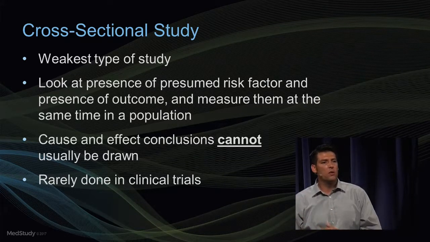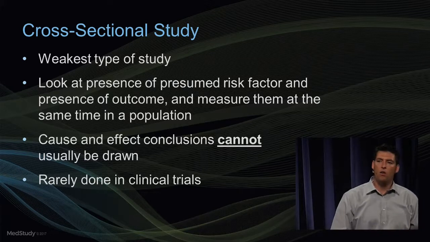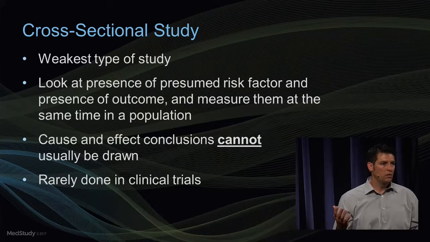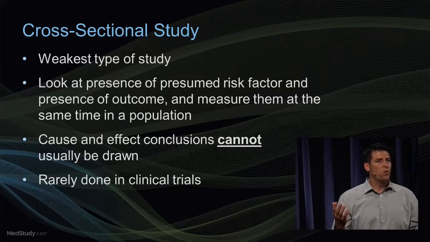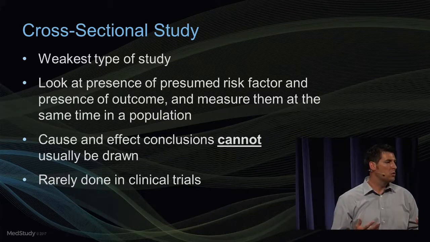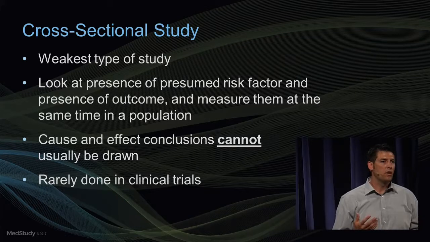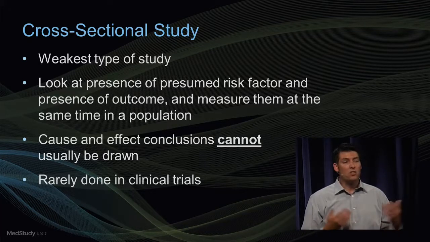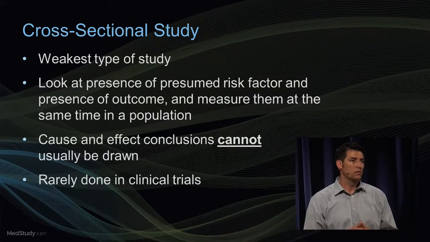And so the difficulty with this is it's very hard to say which came first. So we can't typically draw conclusions about cause and effect from these types of studies. At most, we can make statements about weak associations that are observed.